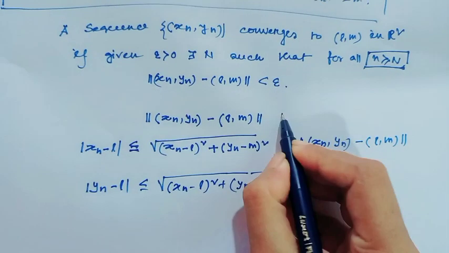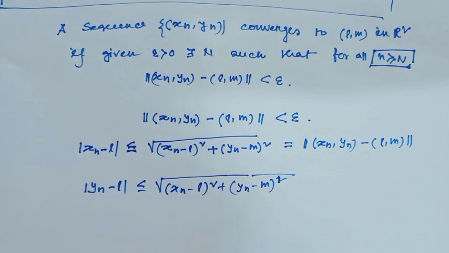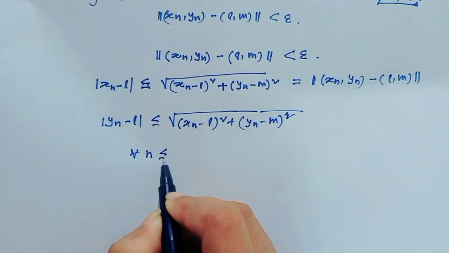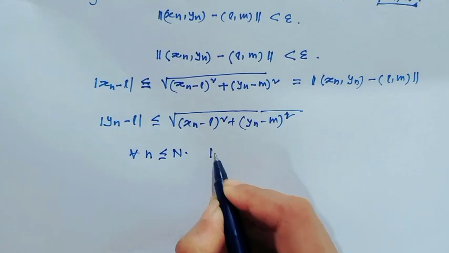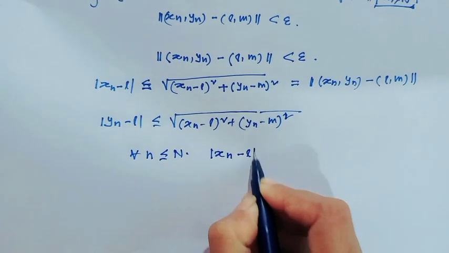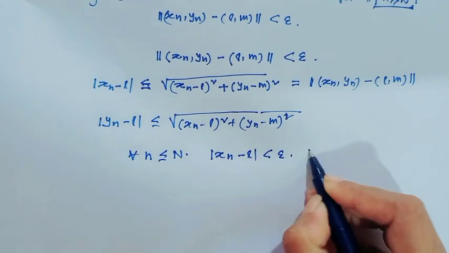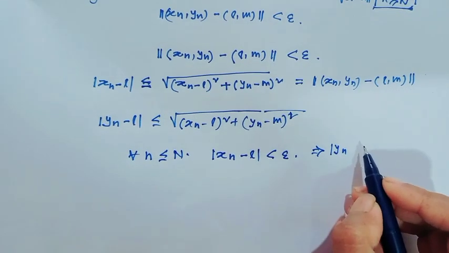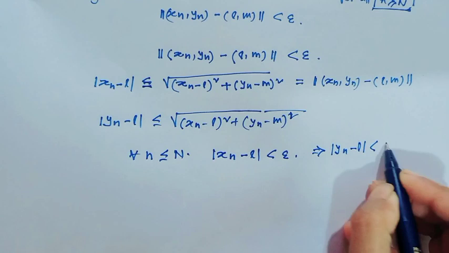And since this is less than epsilon, therefore for all n greater than or equal to N, the absolute value of xn minus L is less than epsilon and yn minus M is less than epsilon.